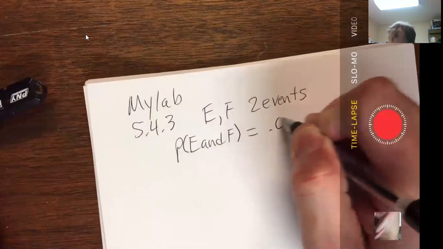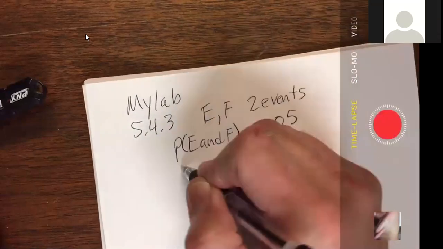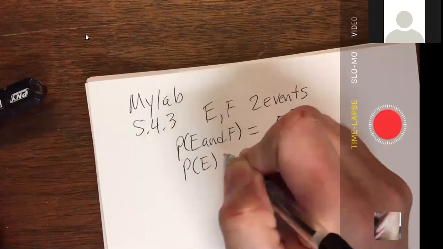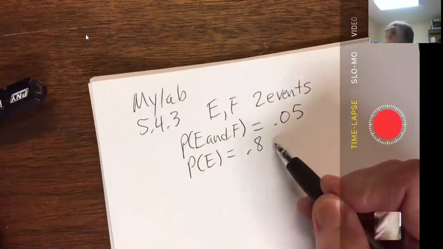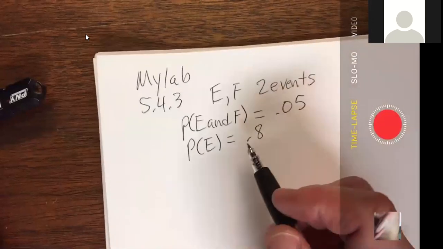And probability of E is equal to 0.8. Is this what you've told me so far? Yes, Professor. Okay, sure thing.